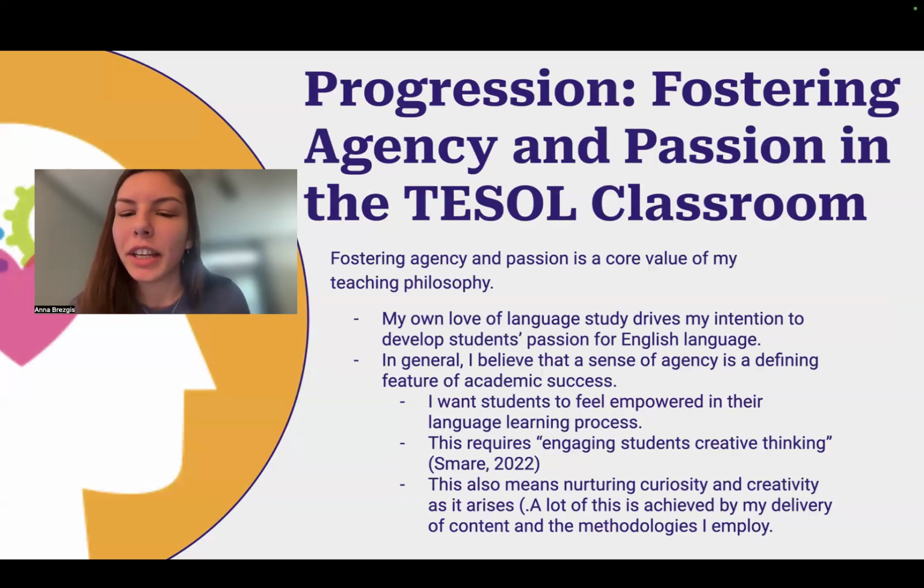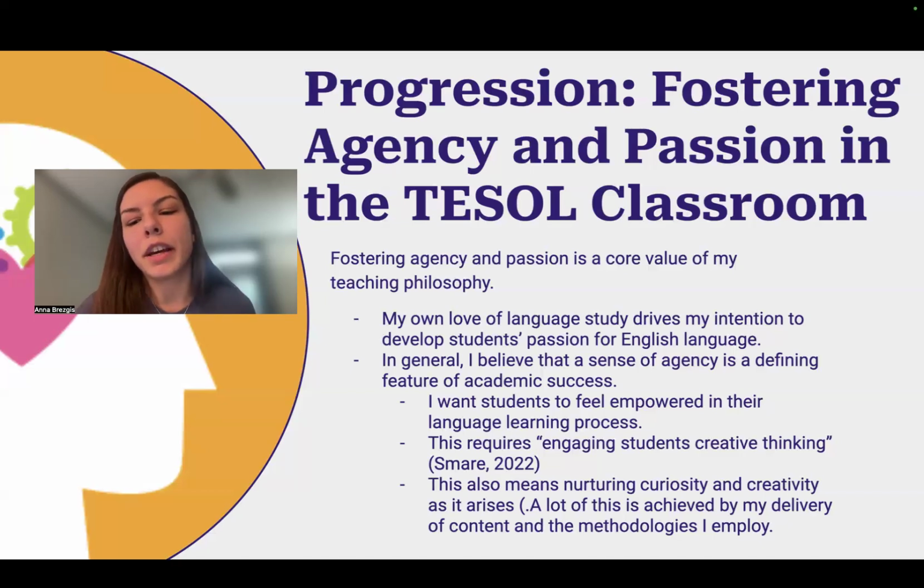This requires engaging students' creative thinking. When you create something in your mind, you are engaging with your agency and empowerment. You can always create stuff in your mind. But engaging students' creative thinking means nurturing curiosity and creativity as it arises.